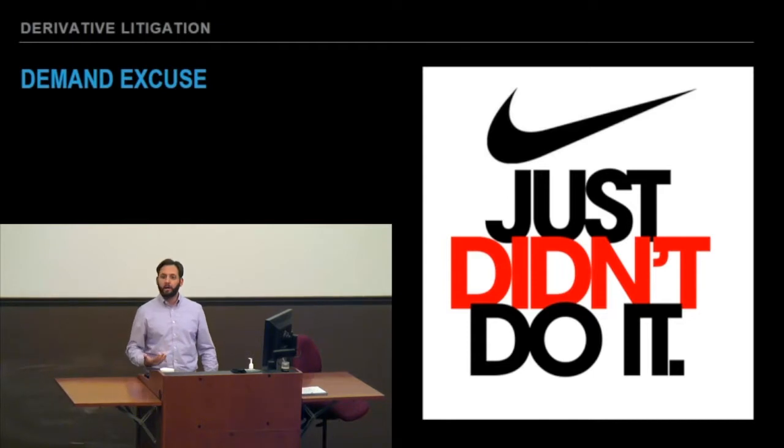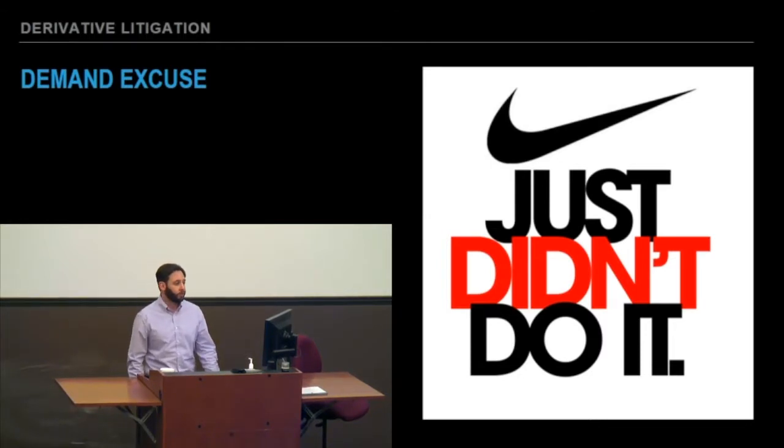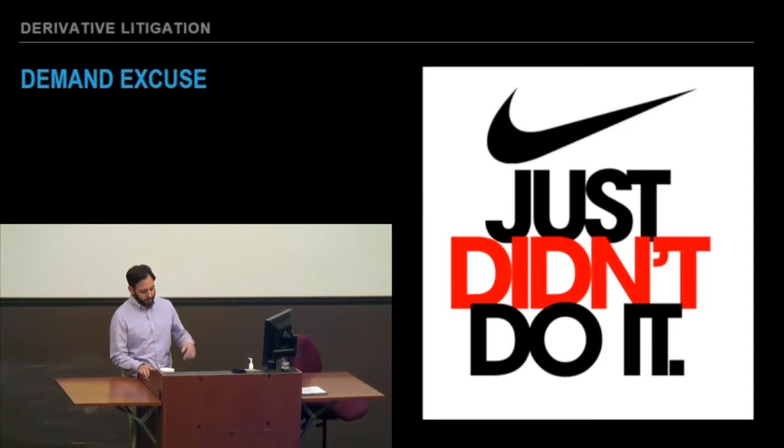They are not any longer, you might think, personally at risk of actually paying out money damages for failure. So by having these types of exculpations that we'll talk about, we'll see how that might actually make it harder to plead demand excuse, because a director that has different mechanisms that protect them from liability thereby might be able to make a business judgment about whether the suit should proceed or not. And so when we talk about that next week, it'll be a chance to circle back to this requirement.